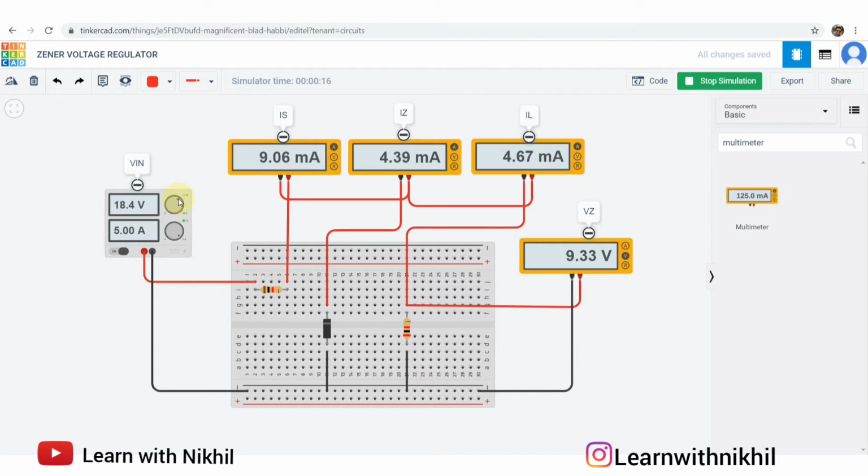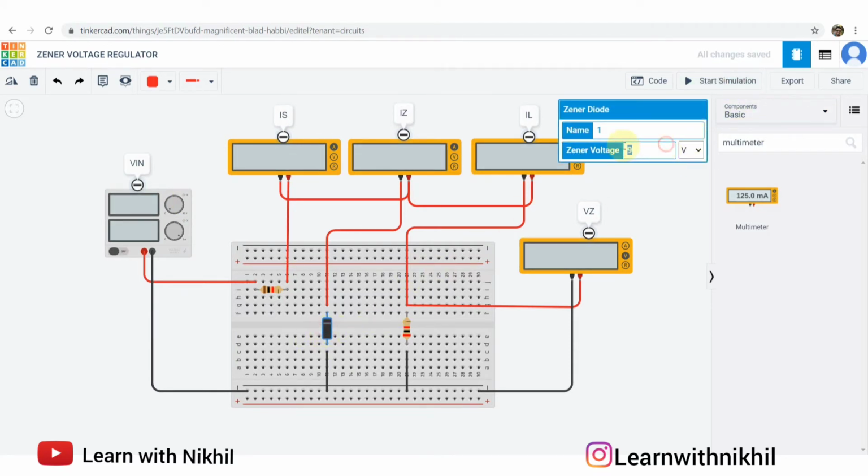So after 9 volts, even if I am increasing, it remains around 9 volts only. So this is how the Zener diode works. This is the function of the Zener diode. Whatever value of Zener diode you are using, the output voltage will be constant at that. So with a 5.1 volt Zener diode, output will remain constant at 5 volts. Now this was all about line regulation.